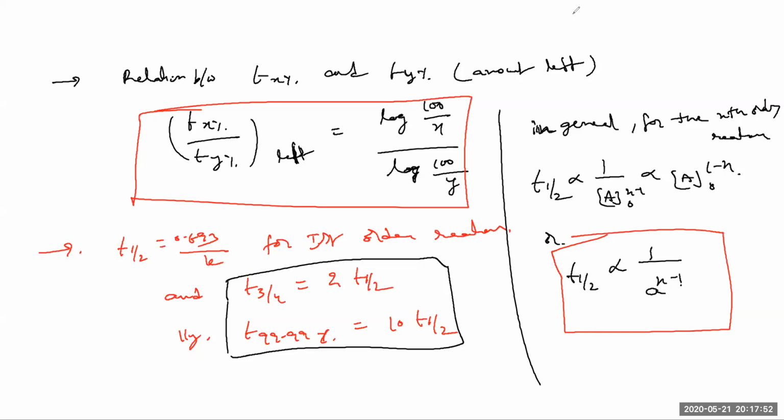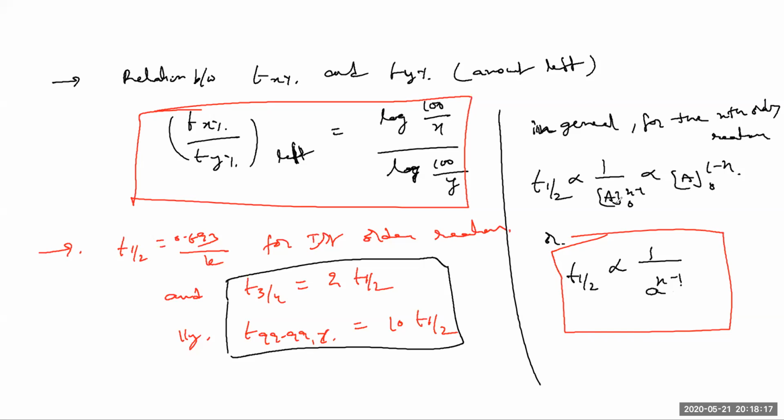So with the red pen you have written T half is equal to what? Sir, T half, diagonal left, sir. This T half is inversely proportional to 1 by A power n minus 1.